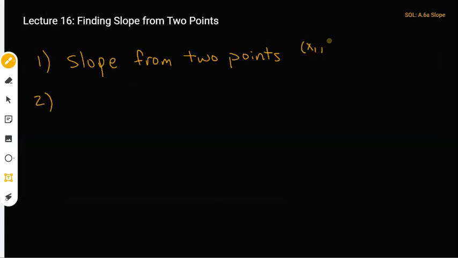So you're going to be using x1, y1, and x2, y2. You're going to be using the formula y2 minus y1 over x2 minus x1. That's going to be the slope formula.